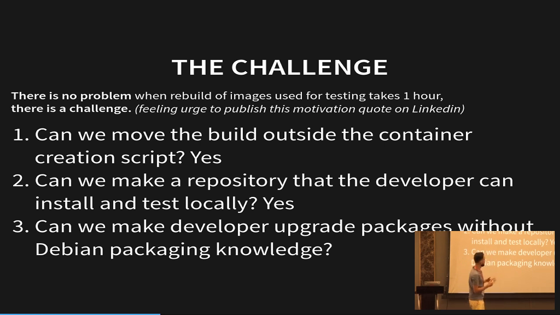So can we build it outside our container? Yeah, we can for sure make some tarball without dependencies and just put it into our container. But that's not perfect because sometimes we also need to track dependencies and we need to build stuff in order. But yes, we can do that.